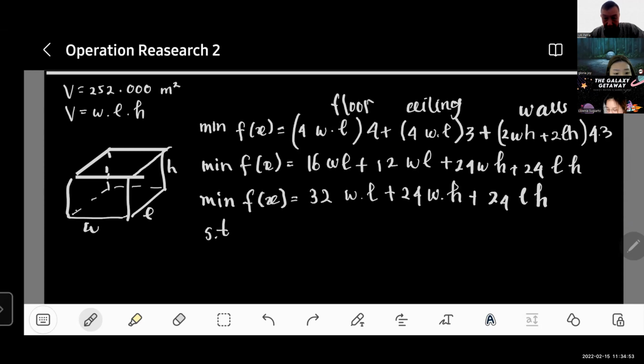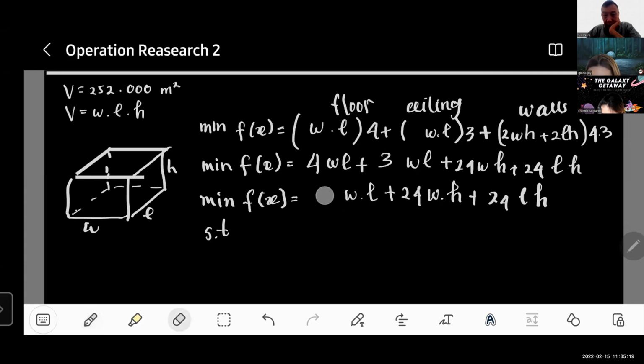The ceiling is again... Why did you multiply by 4? It should be like this. Yes, okay, so I forgot.